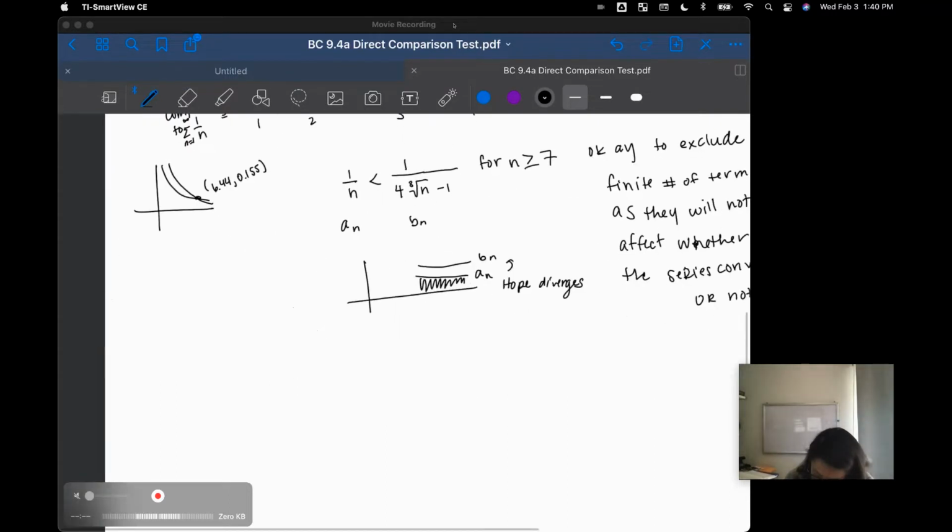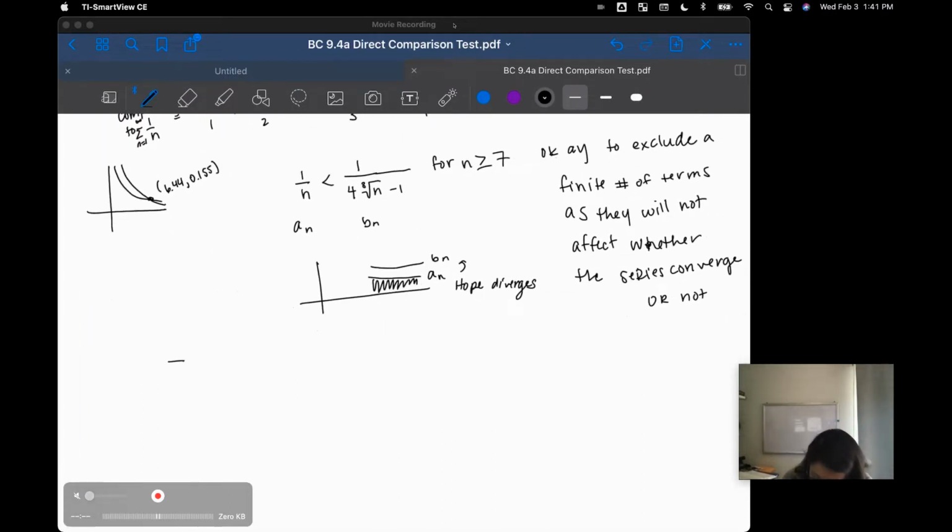And I think we chose the right series, because as the sum of n equals 1 to infinity of 1 over n, we know that we can use p series. P is equal to 1, which is less than or equal to 1, but greater than 0. So the series diverges.